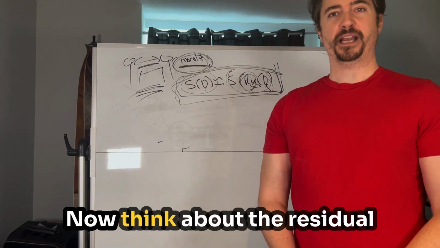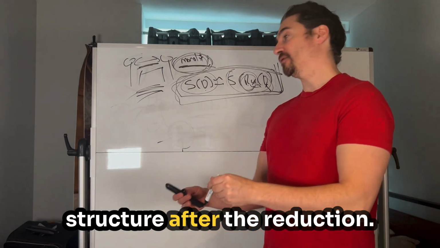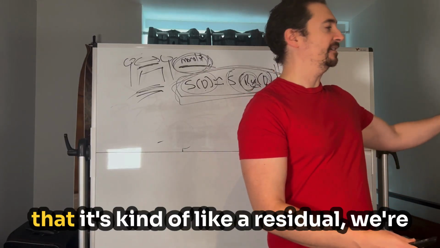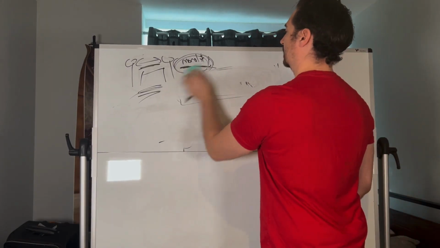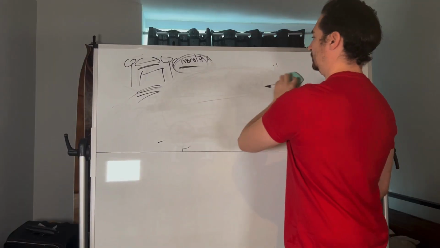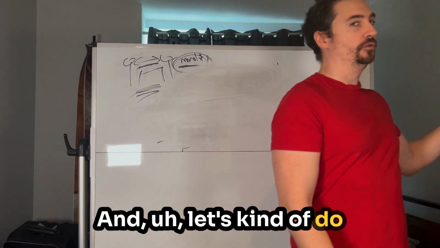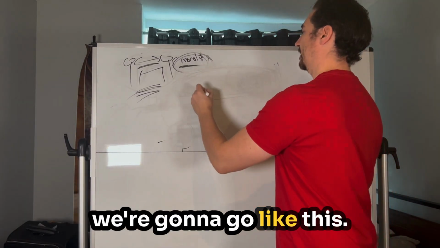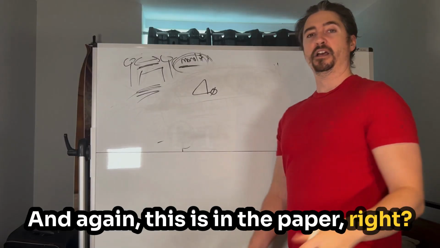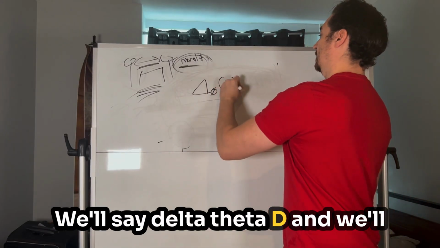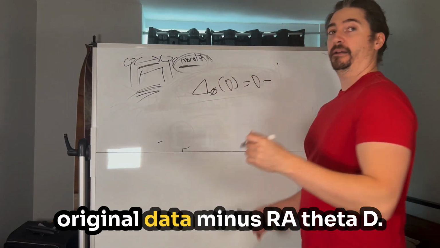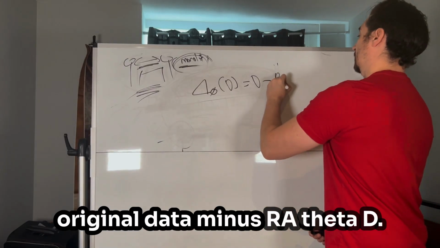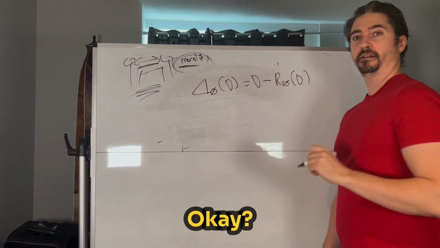Okay, now think about the residual structure after the reduction. Let's re-express the fact that it's like a residual. We're saying something is left over there. Okay. And let's do a similar expression, but we're going to go like this. And again, this is in the paper, right? We'll say delta theta D, and we'll say that equals the original data minus R theta D, okay?